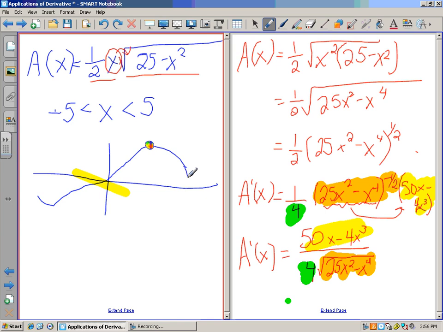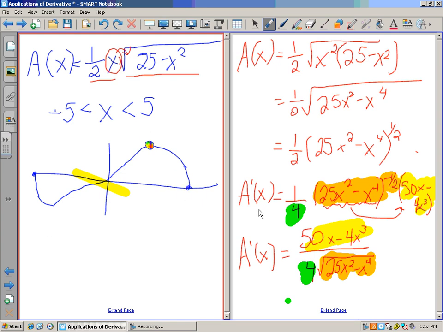So even though my graphing calculator doesn't take me all the way up here, we know that if x is 5 or x is negative 5, I'll do 25 minus 5 squared or 25 minus negative 5 quantity squared. And either way, I'm going to get 0. So we notice here that our two endpoints are not going to be mins or maxes. Okay, so those are not important.